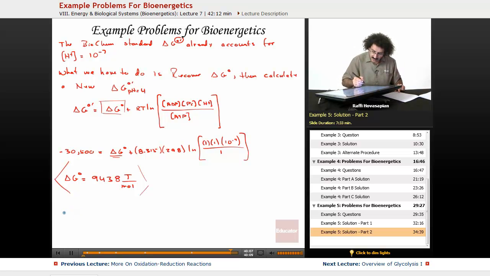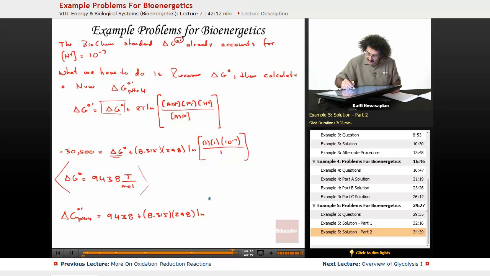So we go delta G biochem standard for a pH equal to 4 is going to equal 9,438 plus same thing, 8.315 times our 298 times the logarithm of, again, this time it's 1 for ADP, it is 1 for Pi, except now it is going to be 10 to the minus 4 over 1 for ATP. Okay?